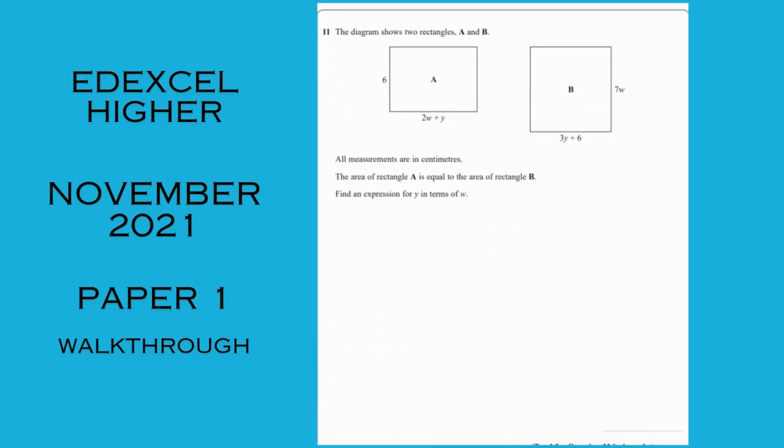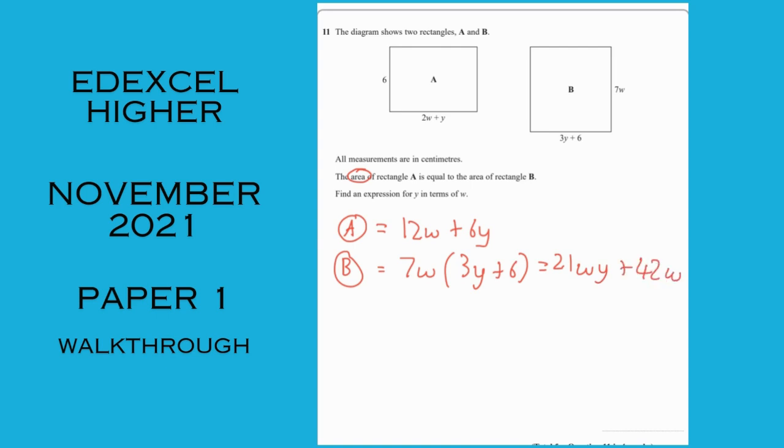11. So as soon as you see the word area, get times in. So let's do A first. 6 times 2w plus y. That's 12w plus 6y. Similar on B, but let's just do a bit more working out because it's not as straightforward. 21wy plus 42w.